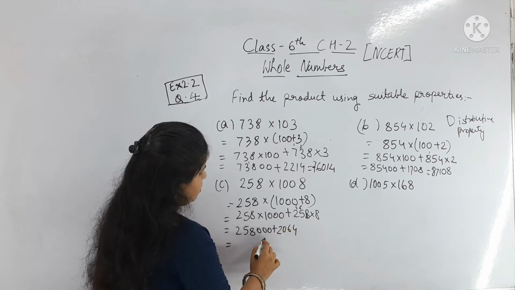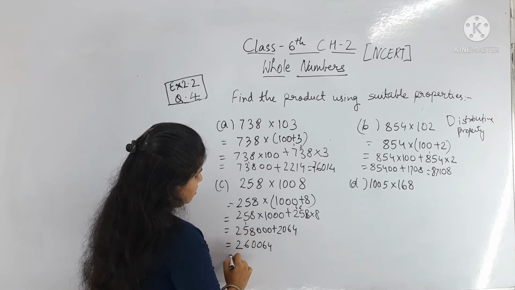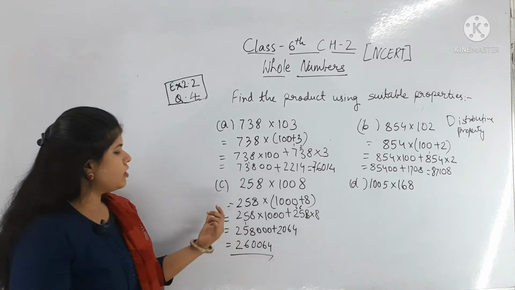So here you can see 064 is as it is, you have to write. 8 plus 2 is 10, 5 plus 1 is 6, 260064. This is your C part.